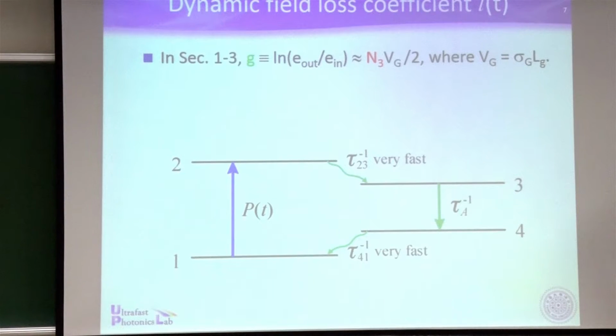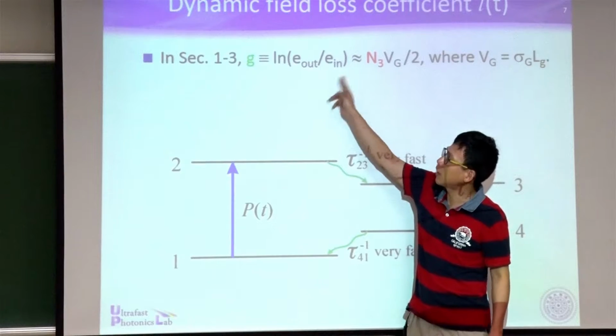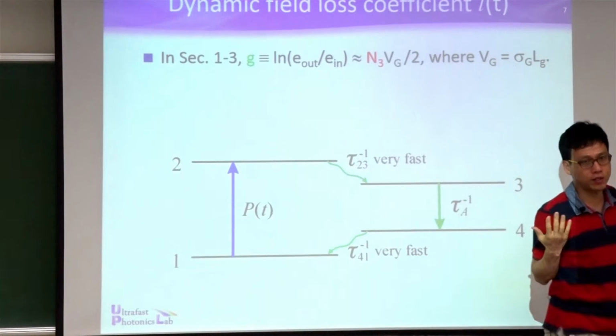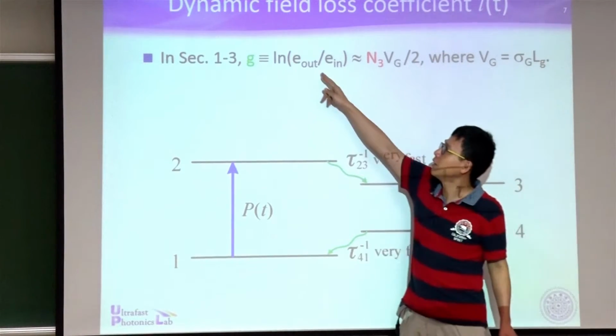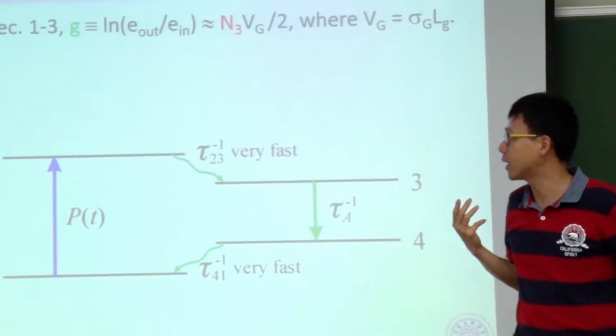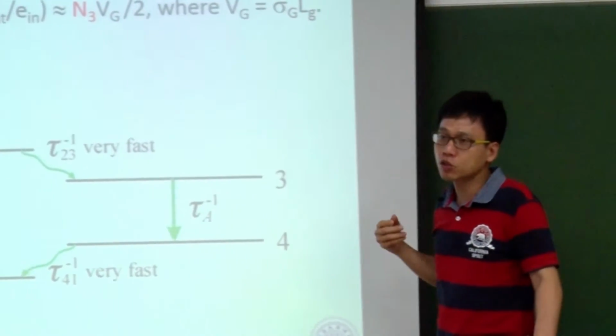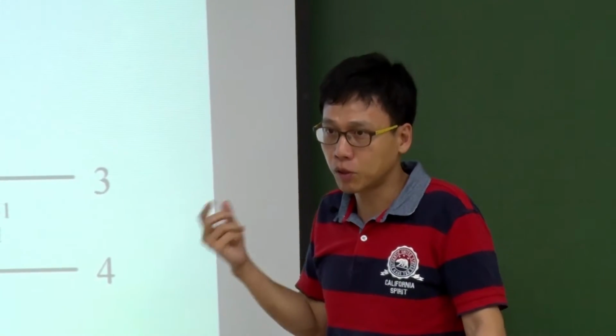At that time, we defined the field gain coefficient instead of the loss coefficient. Right? The gain coefficient is defined here. Okay? I believe you can identify why. It roughly means the output electric field is equal to the input electric field times e to the g. Okay, g is in the exponent.